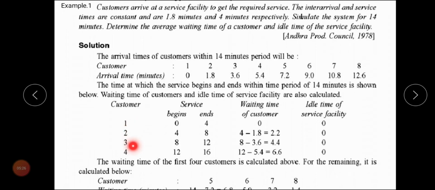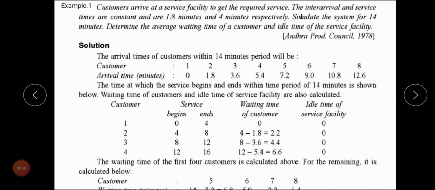So let us see customer 1. For the first customer, the beginning time is 0 and the ending time is 4. The waiting time for the first customer is 0, and idle time for the service facility is also 0. Now consider the second customer.